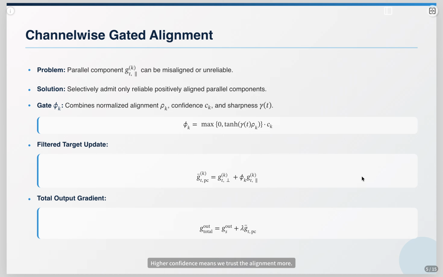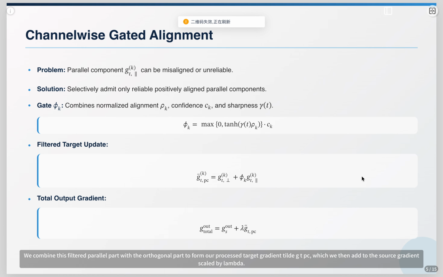Higher confidence means we trust the alignment more. Crucially, we anneal the sensitivity γ(t) during training, starting lenient and becoming stricter as the model gets more reliable. Only the positively aligned, confident parallel components get through. We combine this filtered parallel part with the orthogonal part to form our target gradient g̃_TPC, which we then add to the source gradient scaled by lambda.